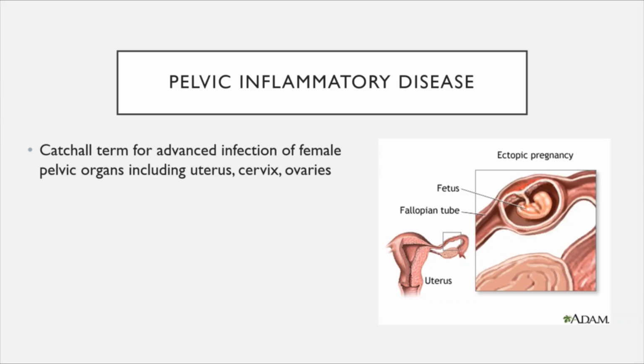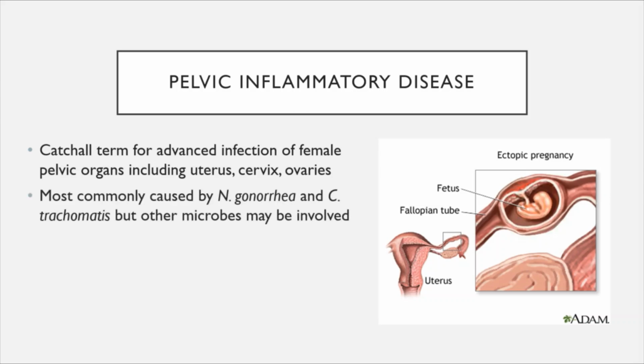It's most commonly caused by N. gonorrhoeae and Chlamydia trachomatis, but other microbes may also be involved. Essentially, pelvic inflammatory disease is what arises when an untreated sexually transmitted infection with one of these pathogens progresses and moves to other parts of the reproductive system, which can cause major issues.